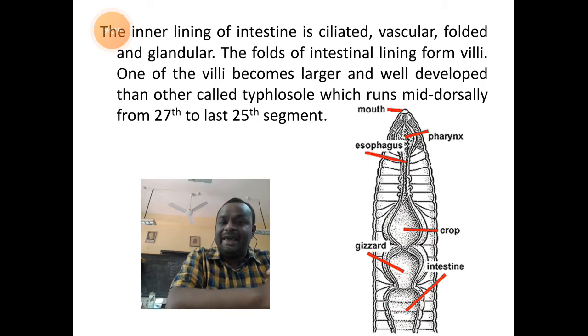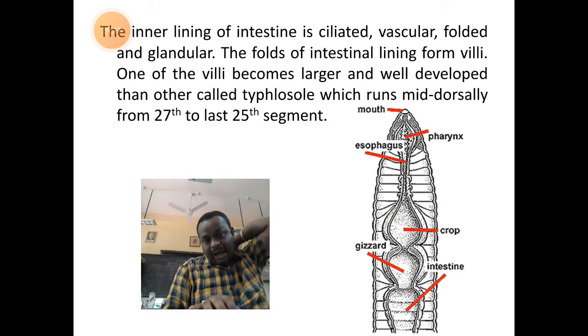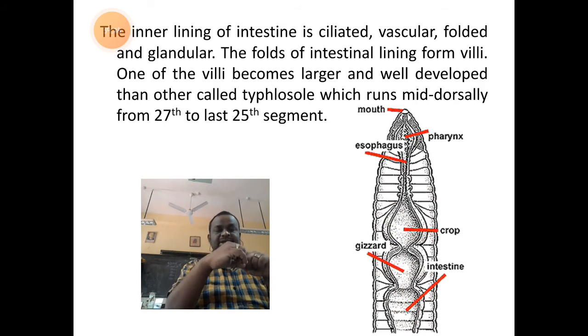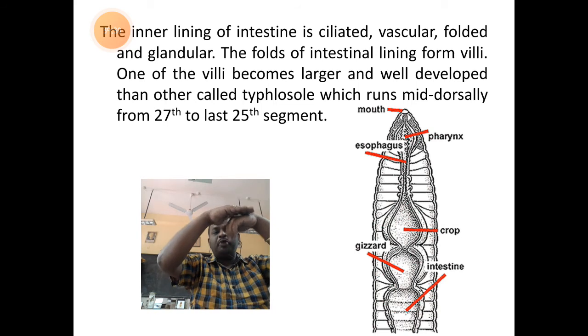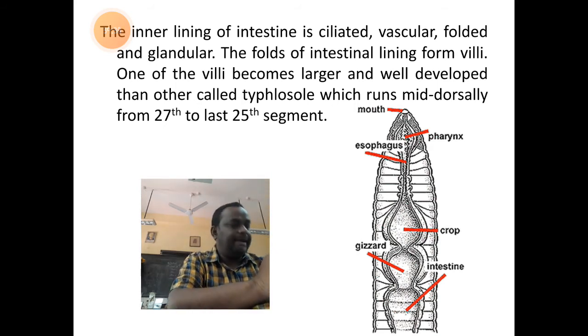Earthworms do have villi. But the speciality here is that towards the dorsal side, dorsal means the upper side, if you have a tube of intestine and consider this the upper side, one of the microvilli grows large into the cavity of the intestine.